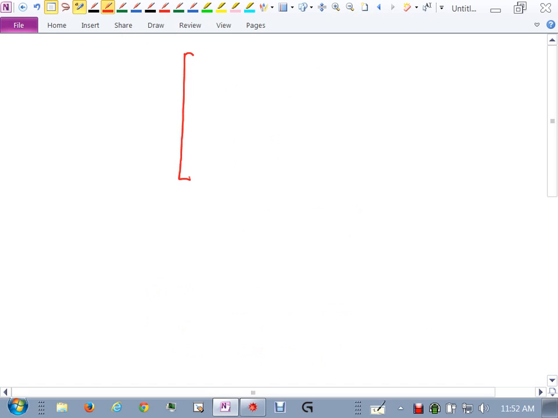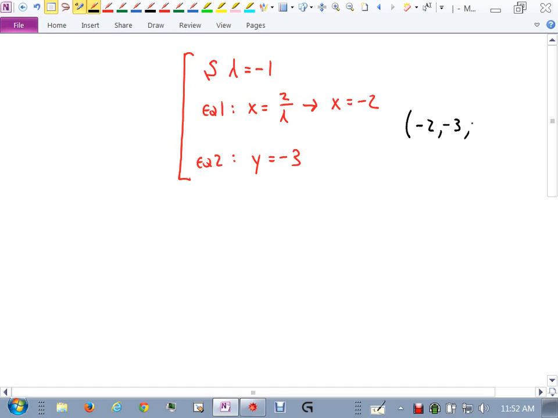Still going to stick with the indent. Suppose lambda is negative 1. Then equation 1 tells me that x must be 2 over lambda, which means that x must be negative 2. And similarly, equation 2 tells me y must be negative 3, which gives me another point, negative 2, negative 3.